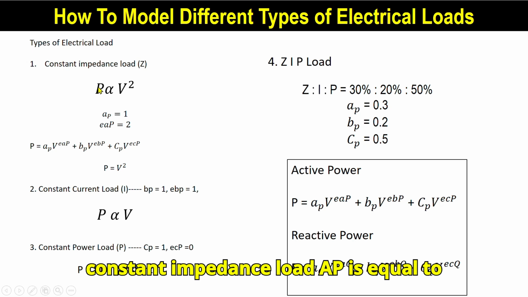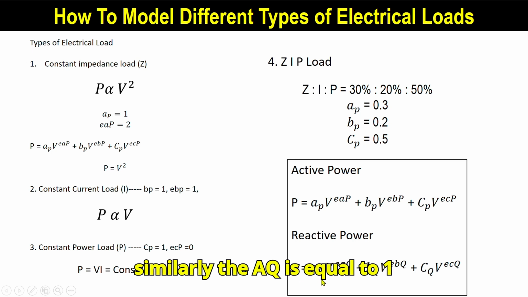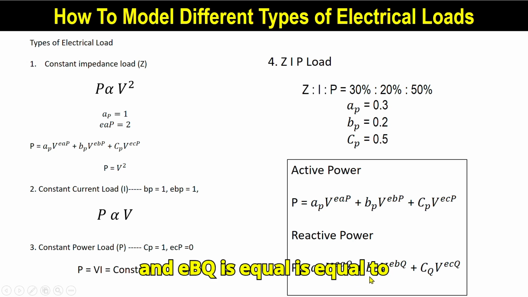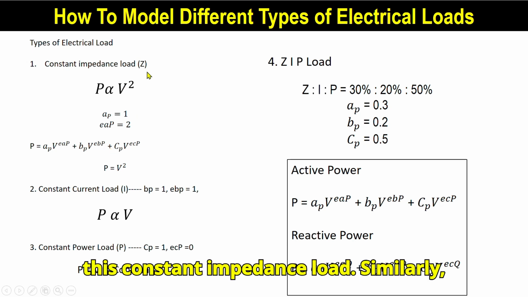For the constant impedance load, AP is equal to 1 and EAP is equal to 2, and similarly AQ is equal to 1 and EAQ is equal to 2. Others are 0, that is BP is equal to 0, CP is equal to 0, EBP is equal to 0 for this constant impedance load.